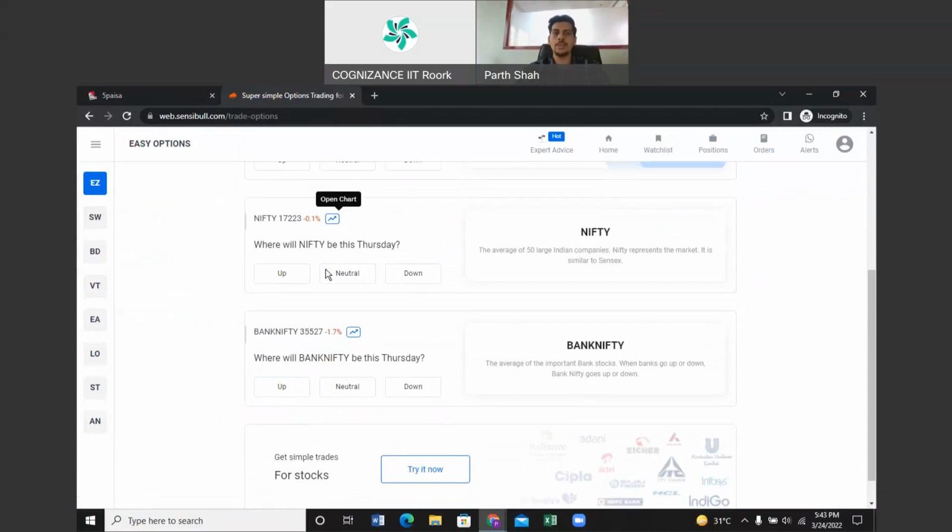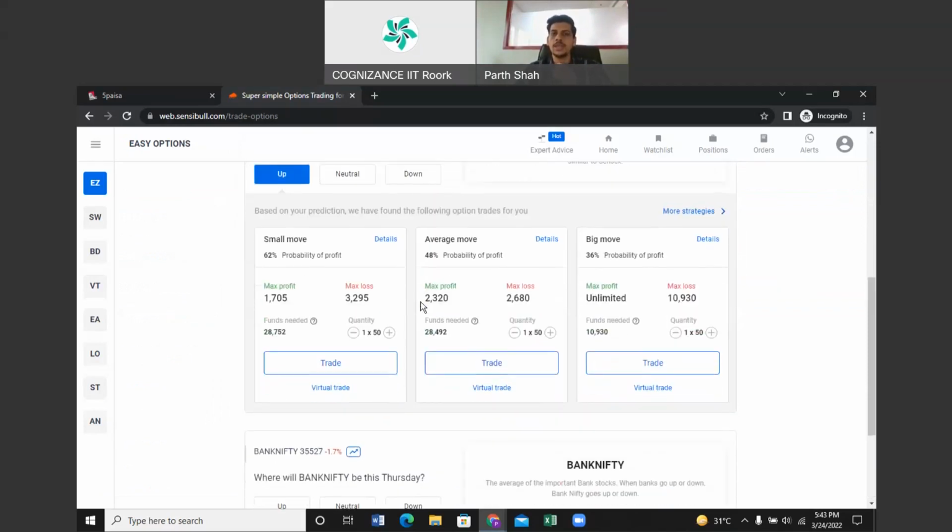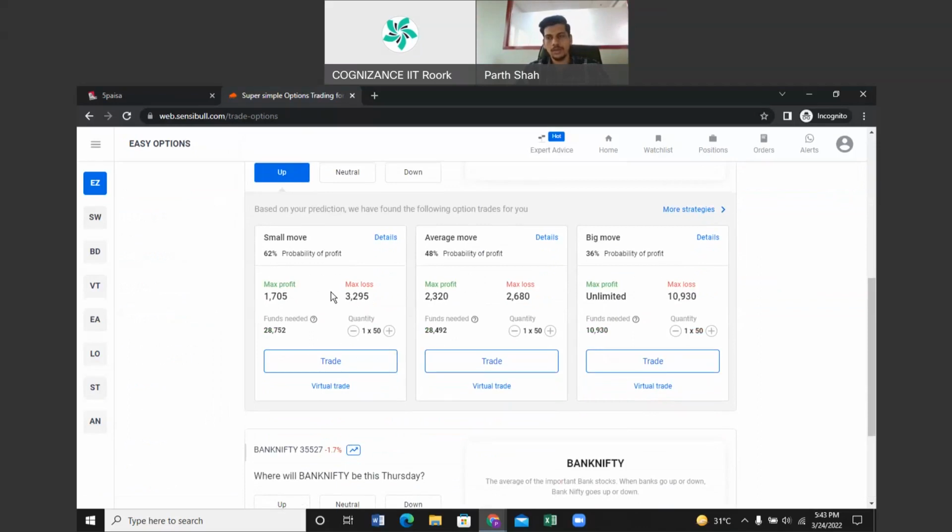So it is asking me to tell my view of where Nifty will be this Thursday. If I say it will be up, then it will ask me how much up. It will have the small move or average move or big move.